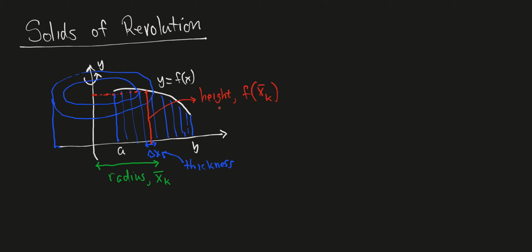So for instance, if I'm doing a Riemann sum and I end up picking the right endpoint, which would be like this, then the height would be right here. Then it would go all the way around because the revolution is now with respect to the y-axis, right? So we have these three key components. And the question is now, I want to find the volume of this cylindrical shell.